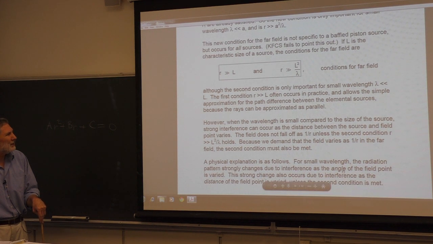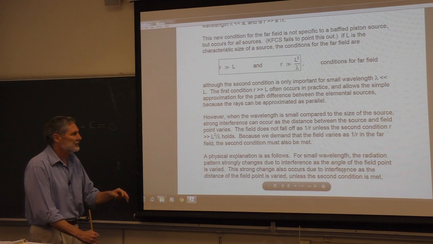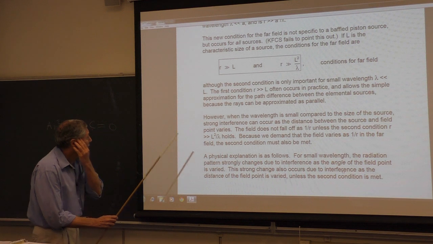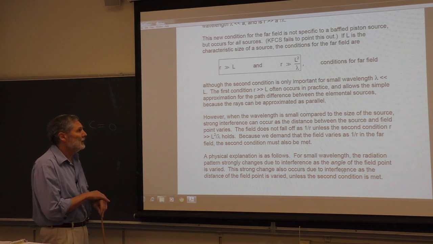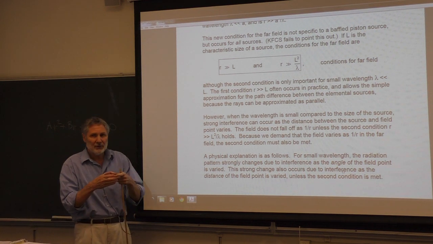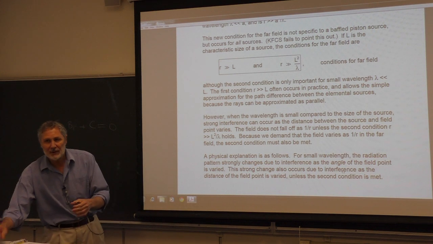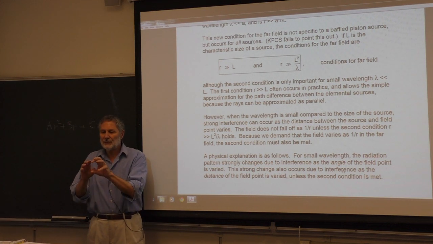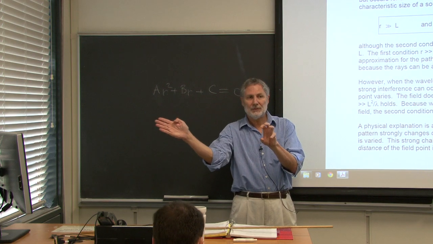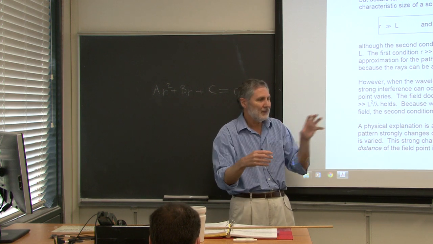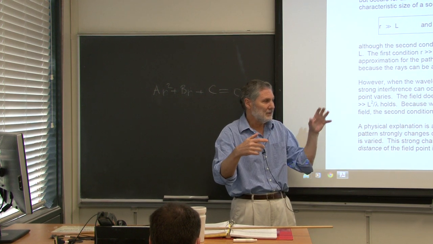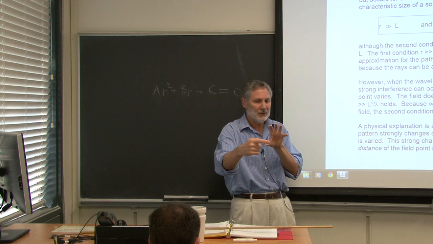So what's going on here? I think you all probably have a rough physical feel. Let me just make sure. When the wavelength is small compared to the size of the source, we have strong interference. We've seen that before in the angular distribution. Here we hit this additional requirement for a far field by looking on the axis.